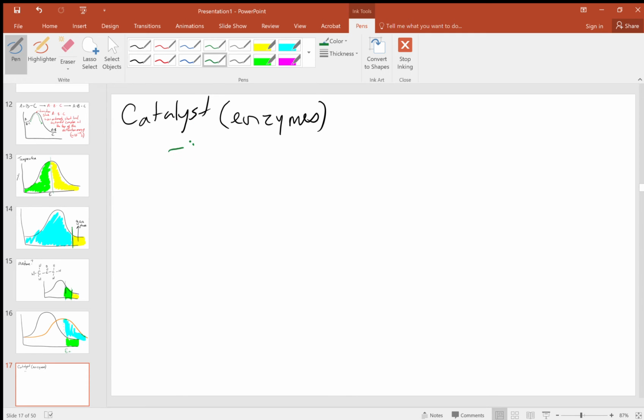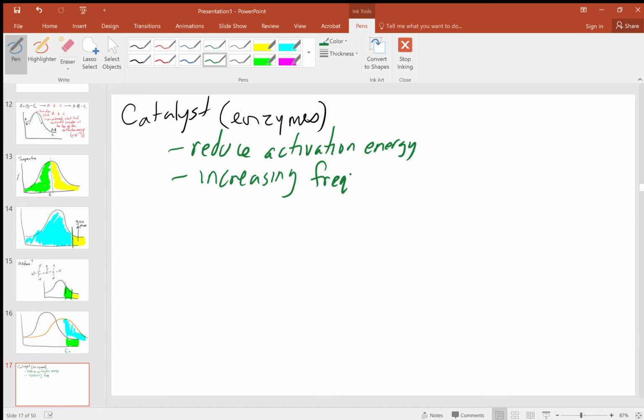They work by reducing the activation energy, and they also work by increasing what we call the frequency factor. And the frequency factor is just known as the number of collisions.